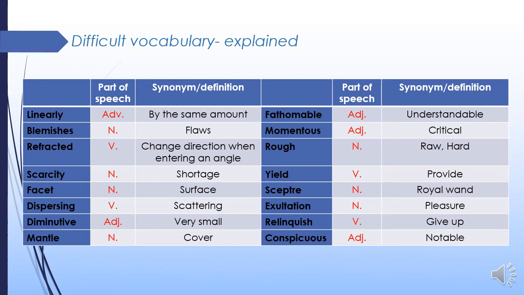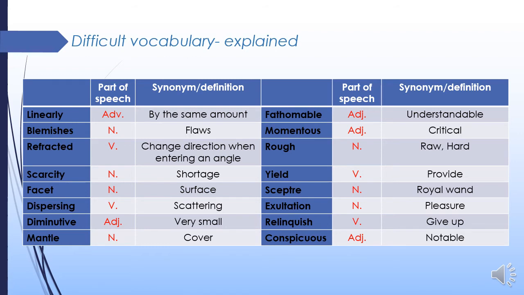Scarcity is a noun and it means the shortage. Facet is a noun and it is the surface, the top layer. Dispersing is a verb and it is the scattering. Diminutive is an adjective and it means very little, very small.